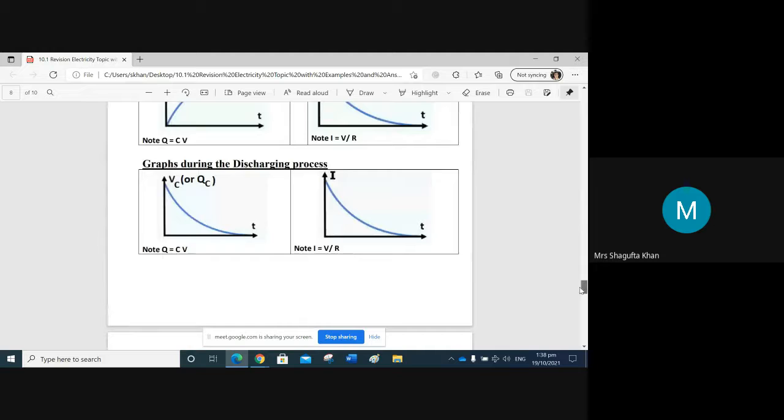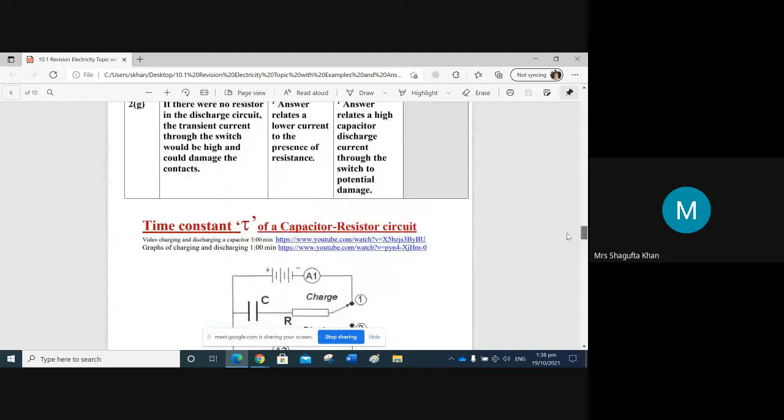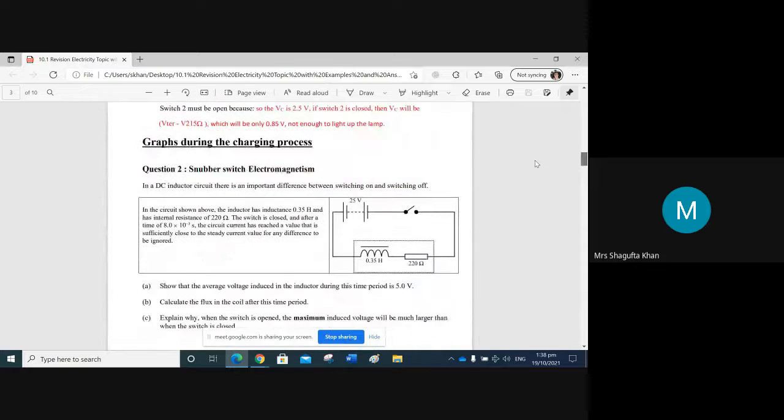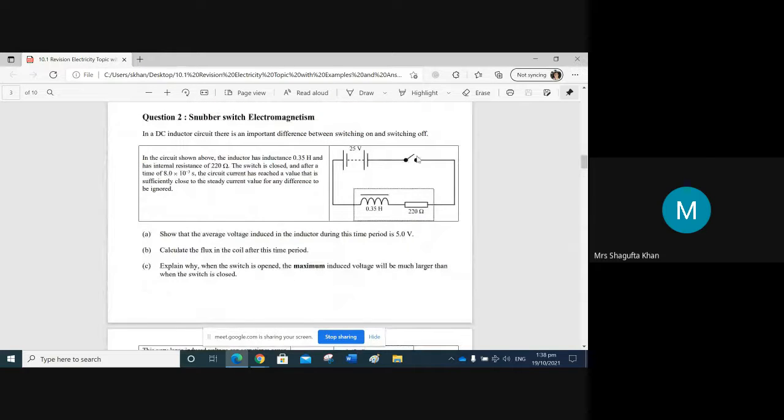Now, going back over here, that was the switch on process. When the switch is open, the current will decrease from its maximum value to 0.